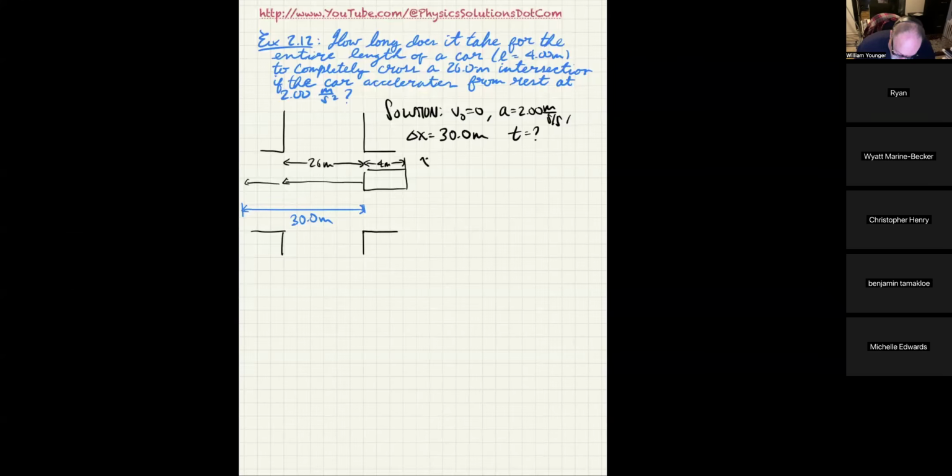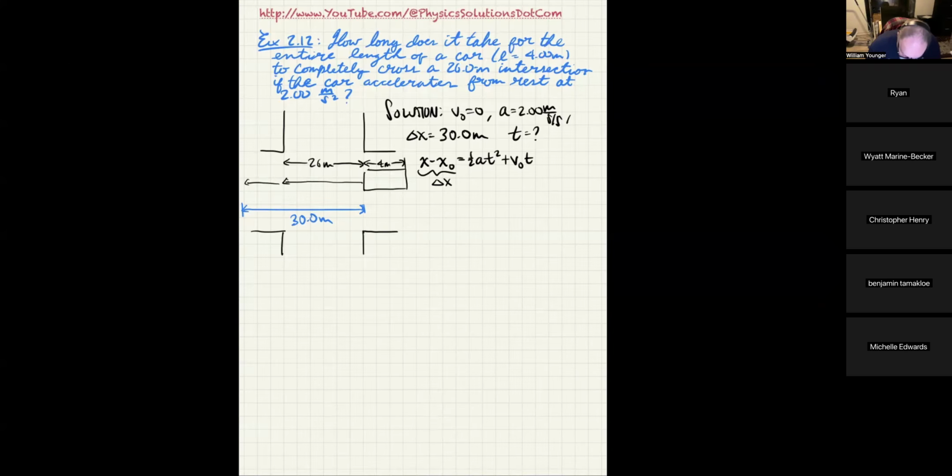I'm going to rewrite the equation in a slightly different form so that the left-hand side is x minus x0. And then the right-hand side is going to be 1 half a t squared plus v0 times t. So now you see that this side is the delta x that we want, and we can figure out exactly how long that's going to take.